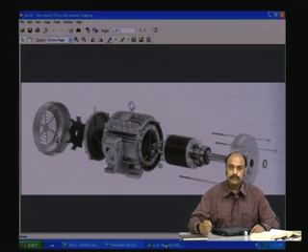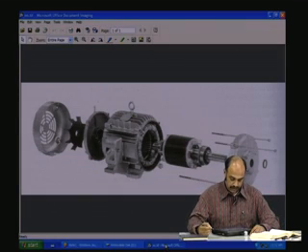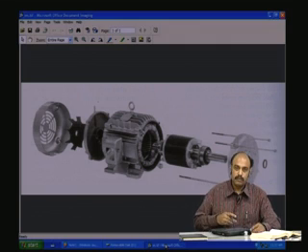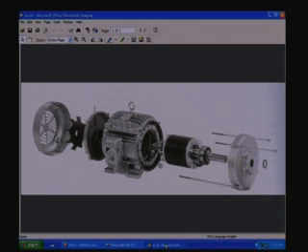So let us see this picture. You see that this is a picture of an induction motor that is broken apart, that is split apart. This is called the exploded view of the induction motor.